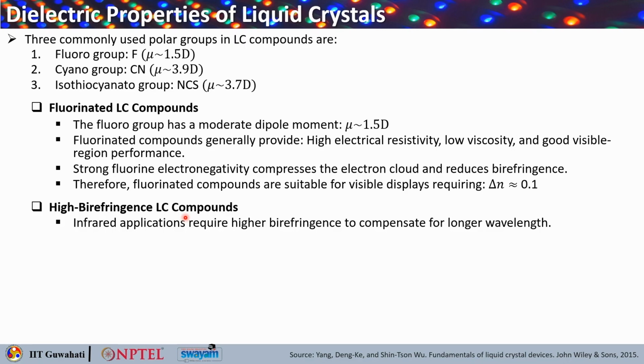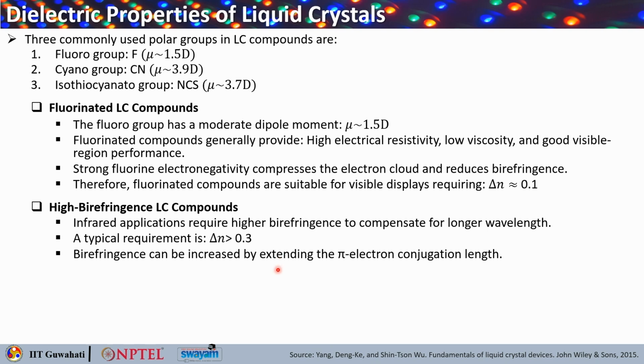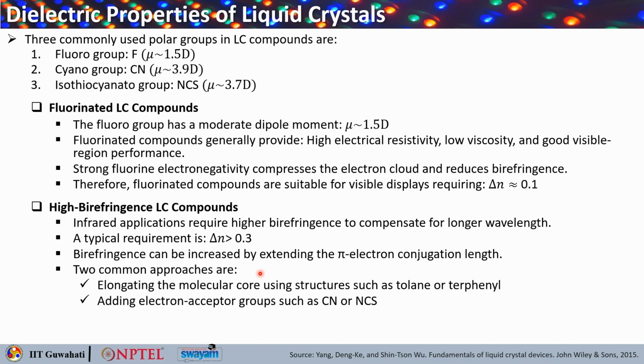They are required for infrared applications where higher birefringence can compensate for the longer wavelengths. The typical requirement is delta n greater than 0.3, and the birefringence can be increased by extending the pi electron conjugation length.